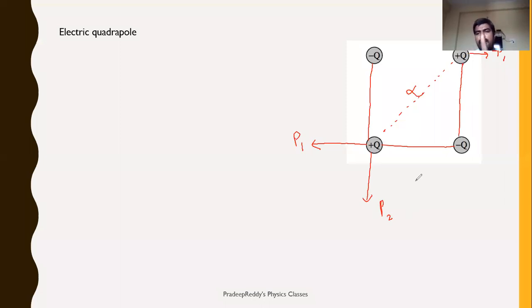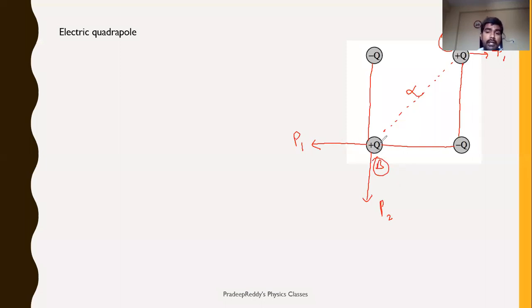Take any one charge as the reference. In order to find the net dipole, take any one charge as the reference and find how many dipoles are forming with respect to that particular charge. So here, if you are taking this A as the reference, there are 2 dipole moments with respect to A. Similarly, if you are taking B as the reference, you are getting the same 2 dipoles, P1 and P2.